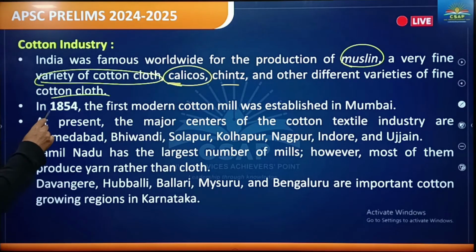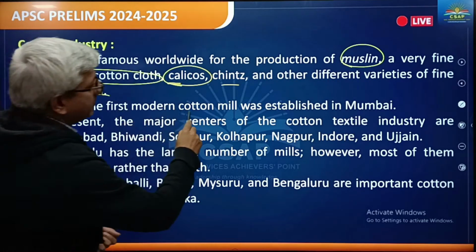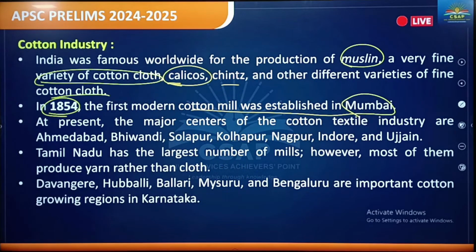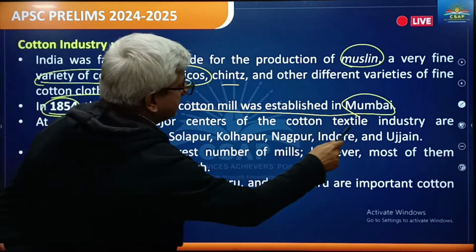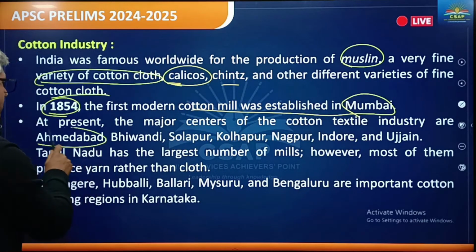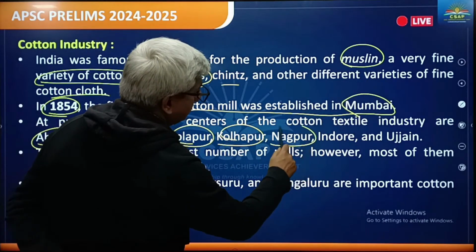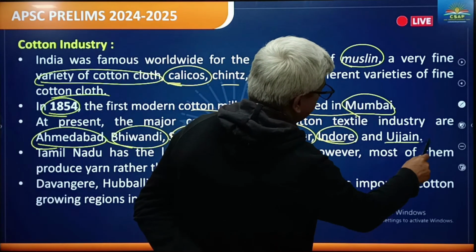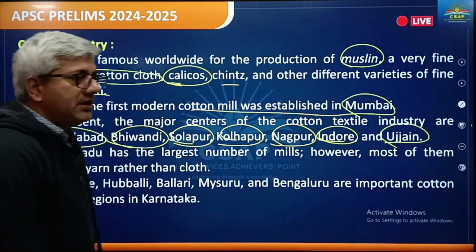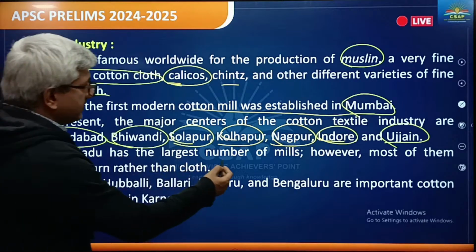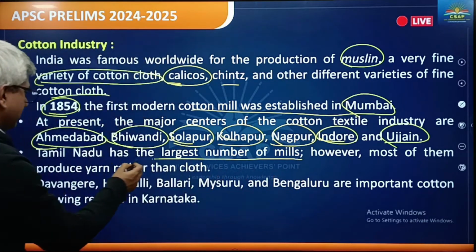In 1854 the first modern cotton mill was established in Mumbai by the British. At present, the major centers of cotton textile industry are Ahmedabad, Bhiwandi, Solapur, Kolhapur, Nagpur, Indore and Ujjain in Madhya Pradesh. Maharashtra has the most important cotton mills, and Tamil Nadu has the largest number of mills.